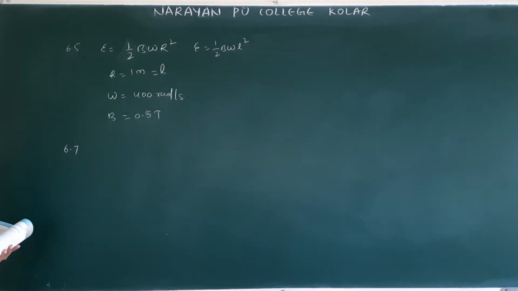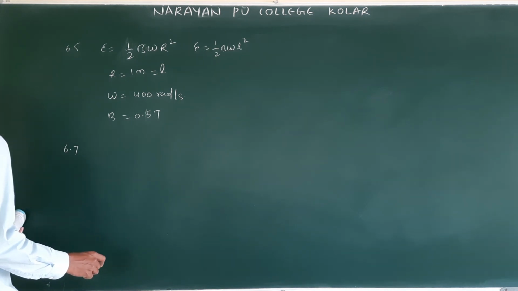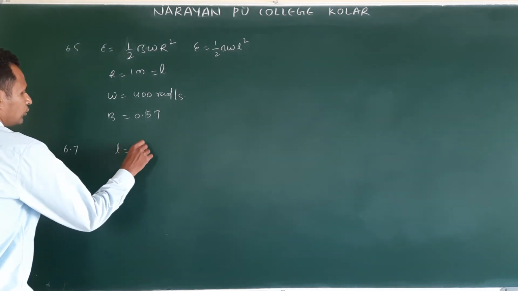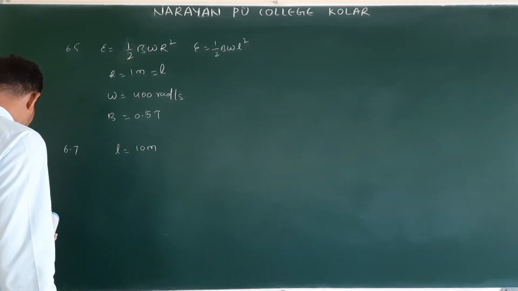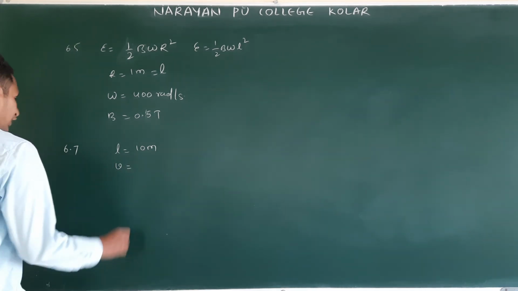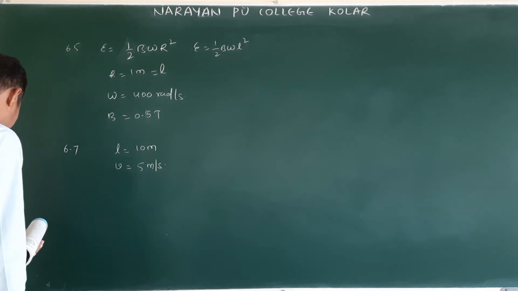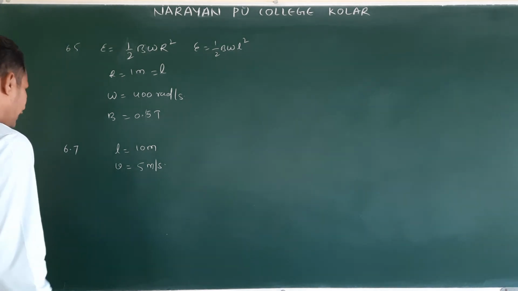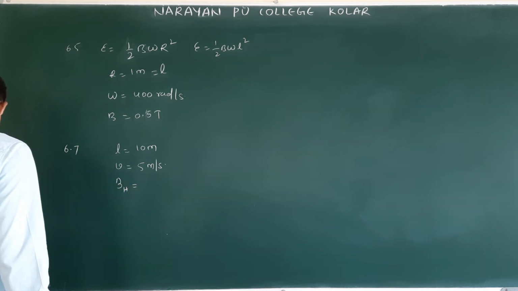Now, what did they give? The horizontal wire length is given, L is equal to 10 meter. East to west. The velocity is given. With what velocity is it falling? 5 meter per second, at a right angle to the horizontal component of the Earth's magnetic field B, so you take BH.